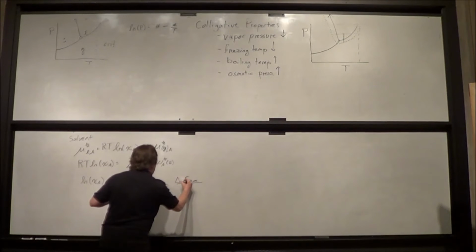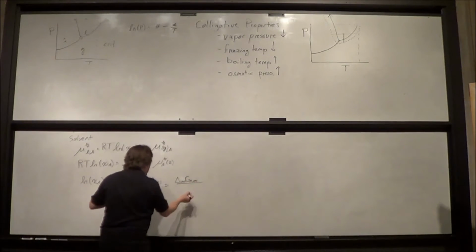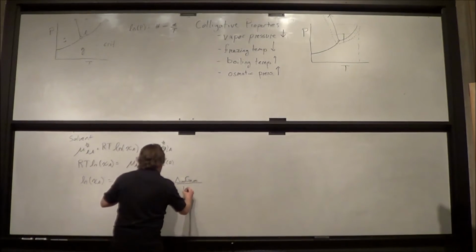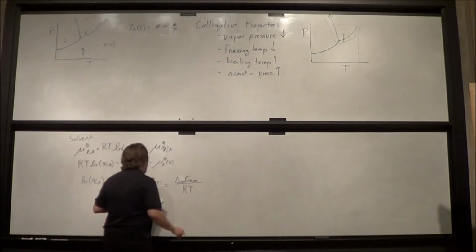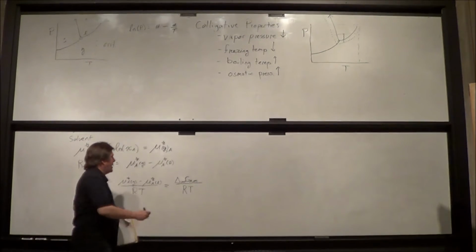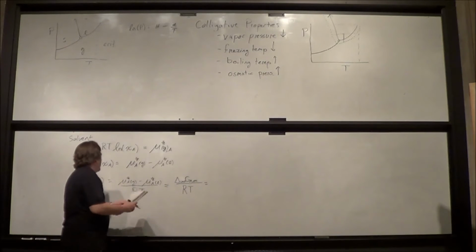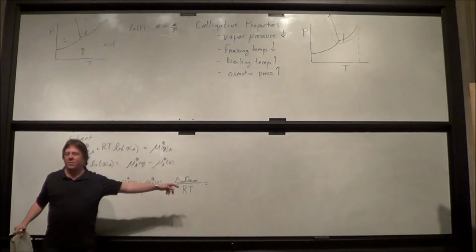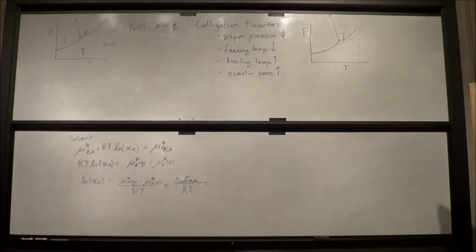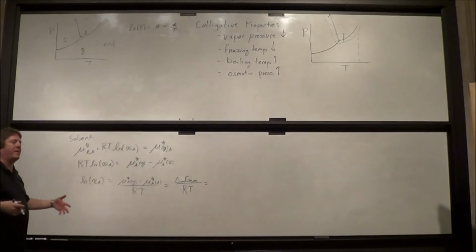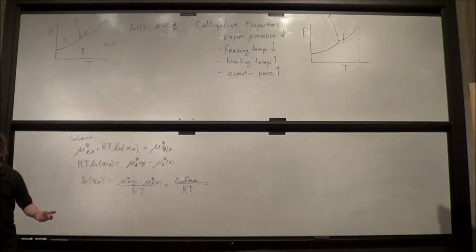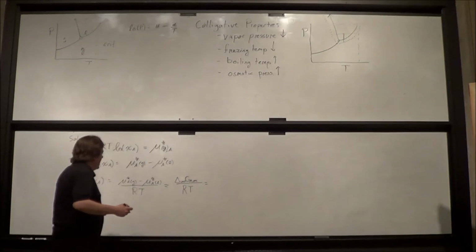Delta vap. Sorry, I'm already kind of small today. Over RT. Okay, one more step. So again, remember the tables in the back of the book are very easy to follow because they're all per mole, which makes them delta G and chemical potential simultaneously. So that's kind of nice.